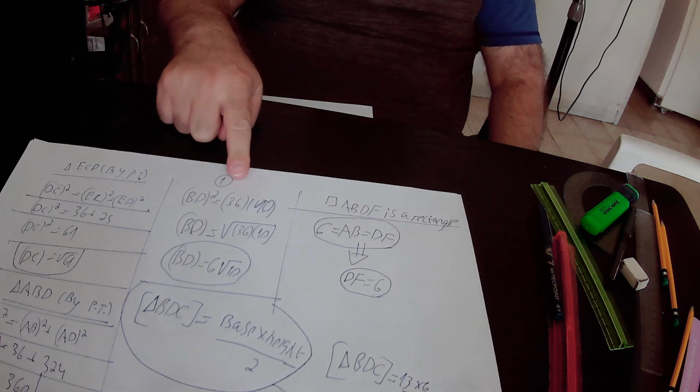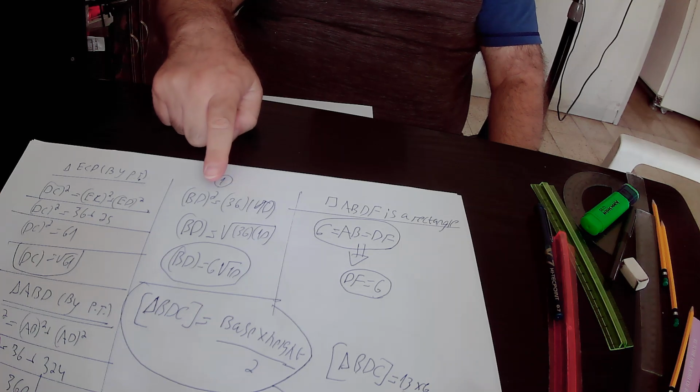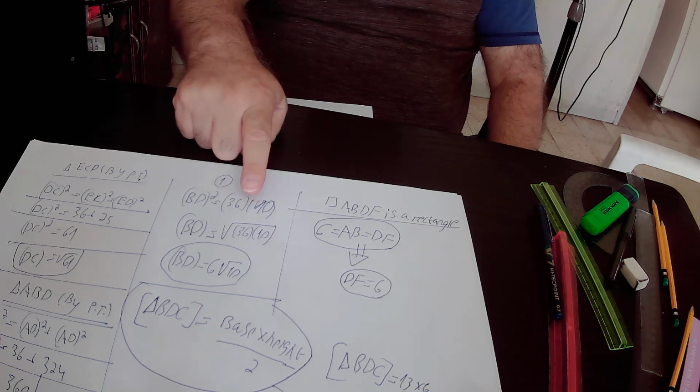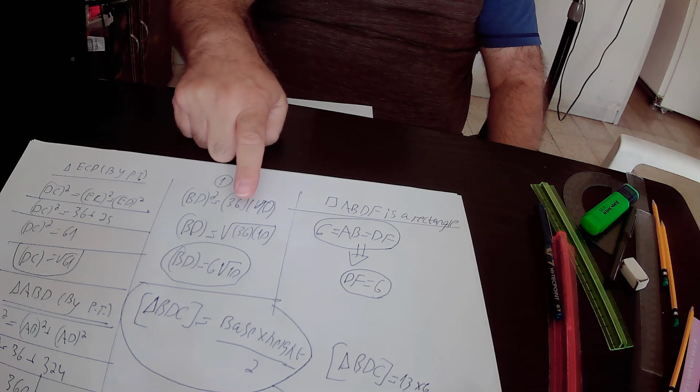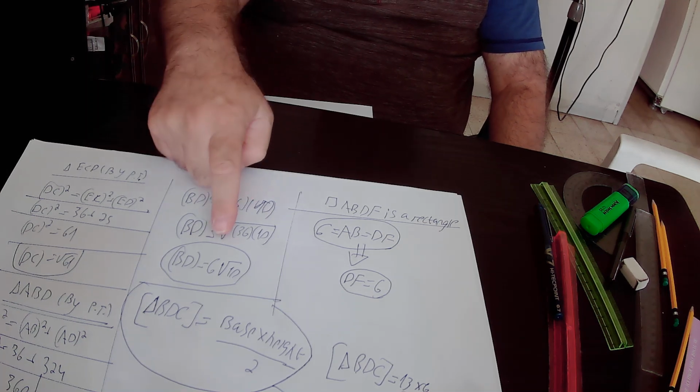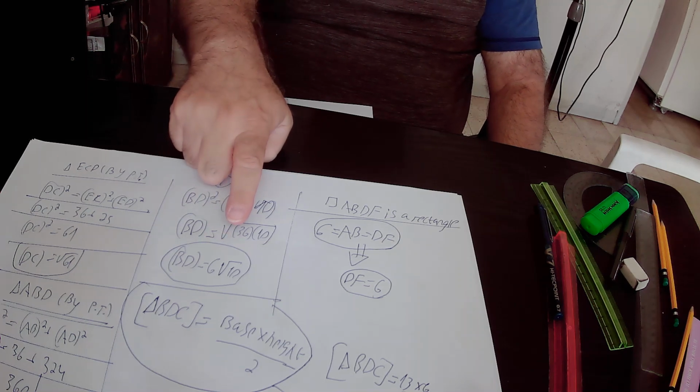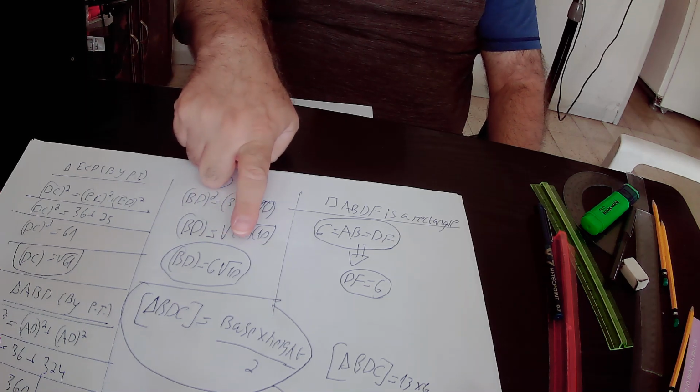We found out that BD equals the square root of 36 times 10. The square root of 36 is 6, so we can take it out of the root and write 6 instead. Inside the root we are left only with the square root of 10.